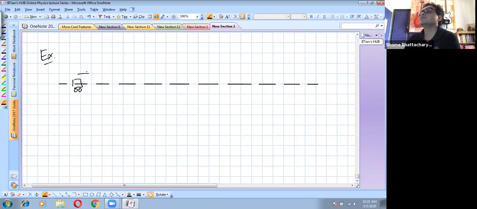This is moving at a constant speed, let us say 20 meters per second along this path. And this is basically a source of sound.